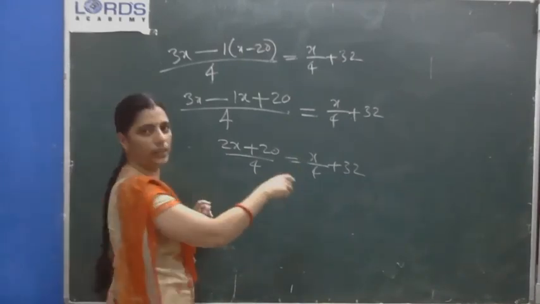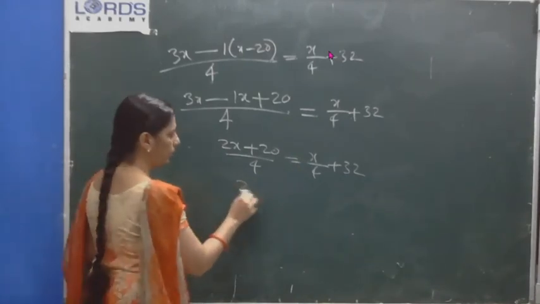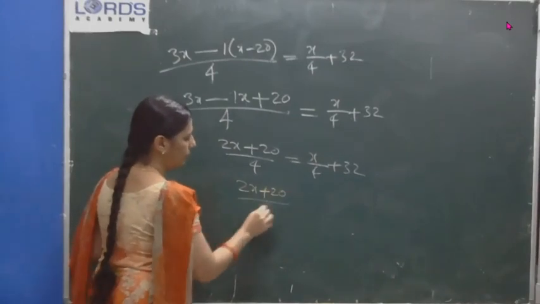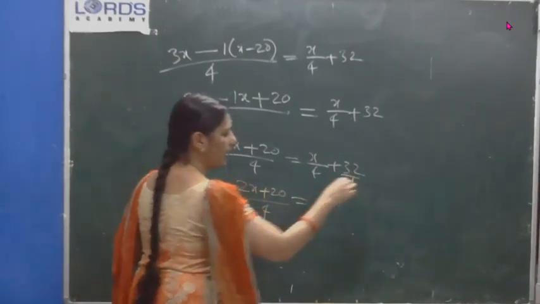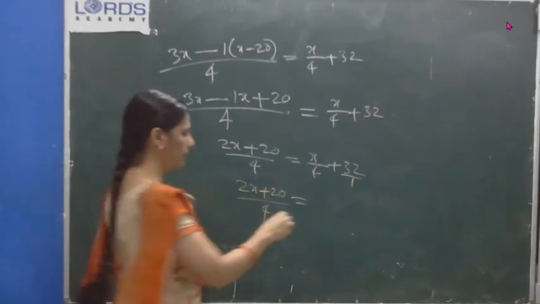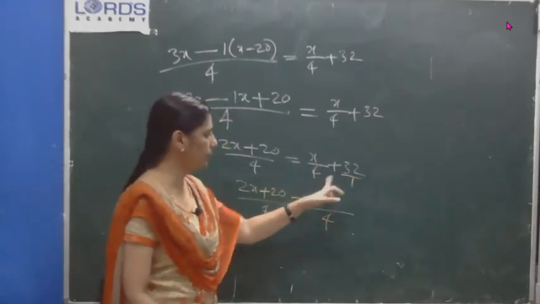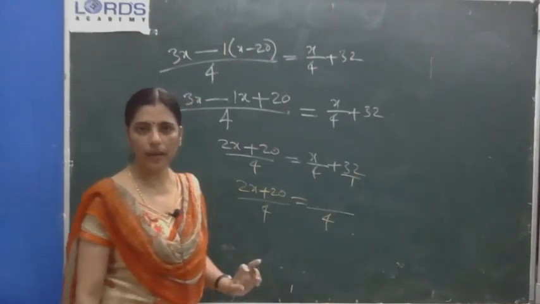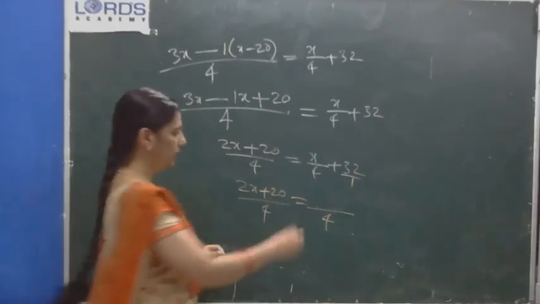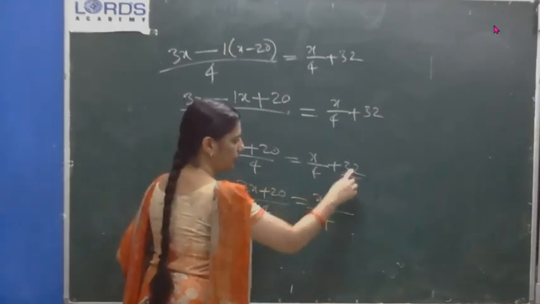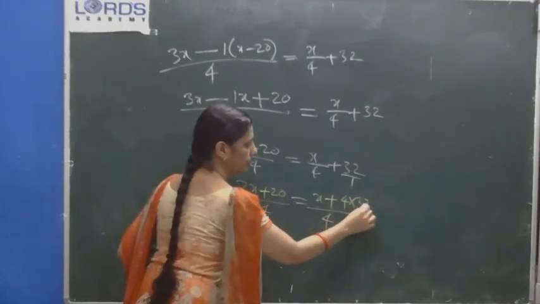Now I want to take the right side LCM also, no? 2x plus 20 by 4 equal to, right side also I am going to take the LCM. Because this is x by 4, this is simply 32. So I made 32 by 1. So x plus here 4 into 32.